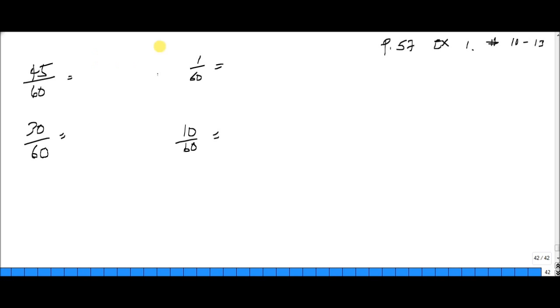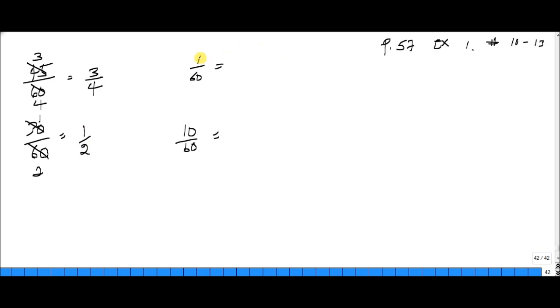So what is 45 minutes of 60 in fractions? 15 into 45 goes 3, and 15 into 60 goes 4 times. So it would be 3/4 of an hour. 30 minutes of an hour as a fraction: 30 into itself one time, and 30 into 60 goes 2 times, so it would be a half.